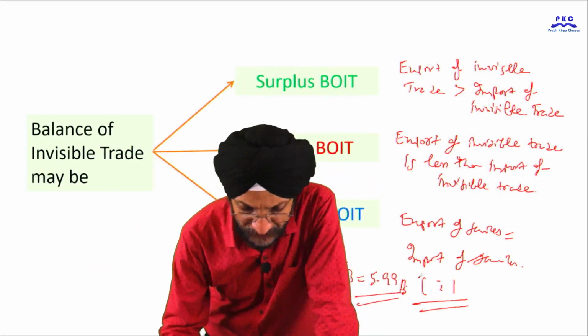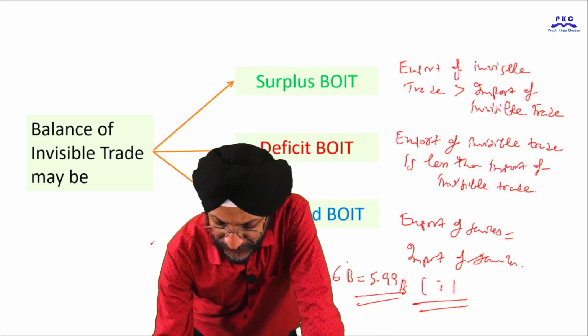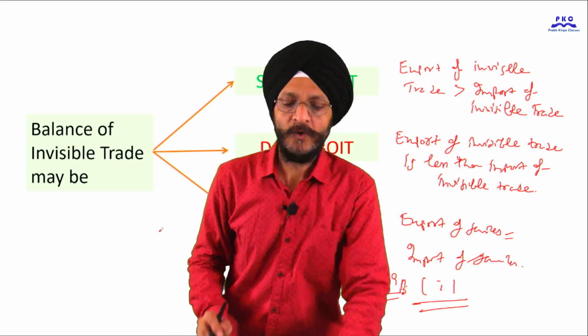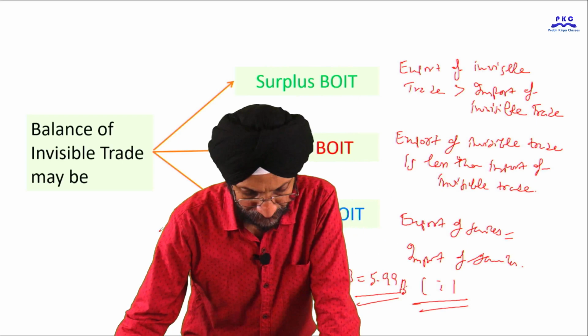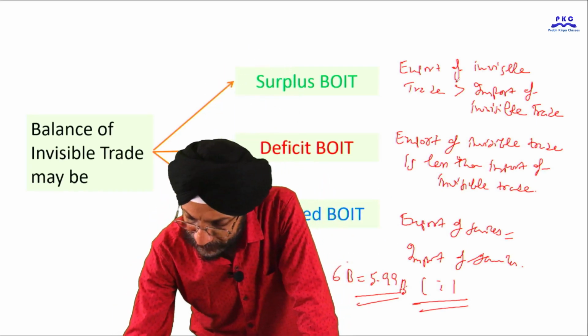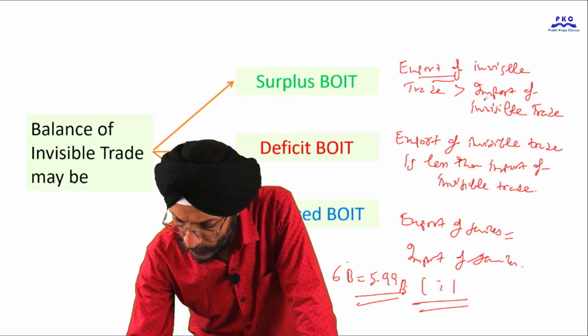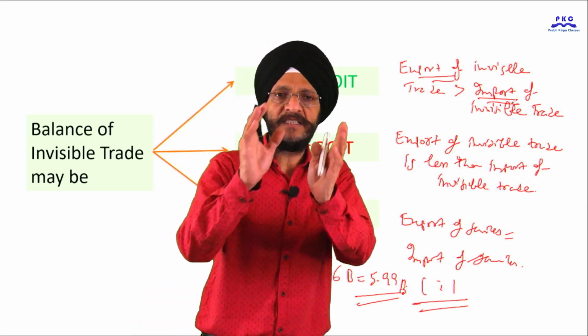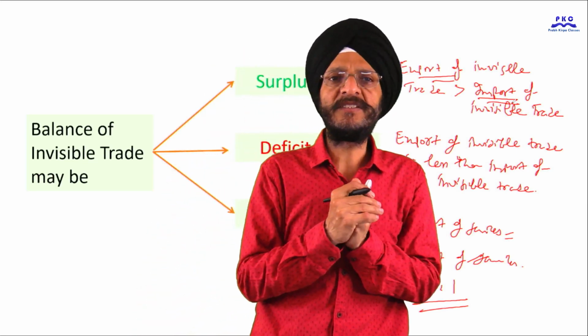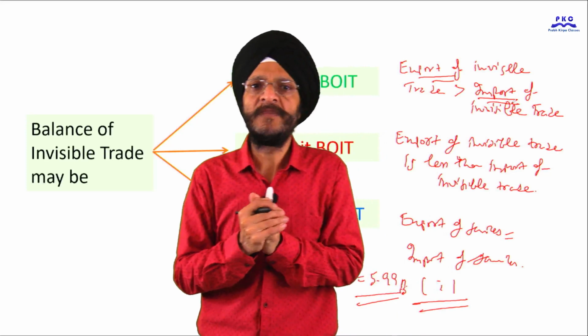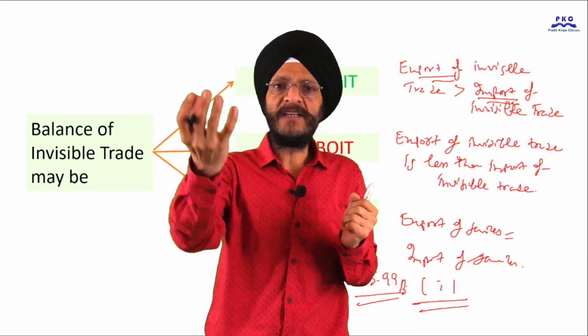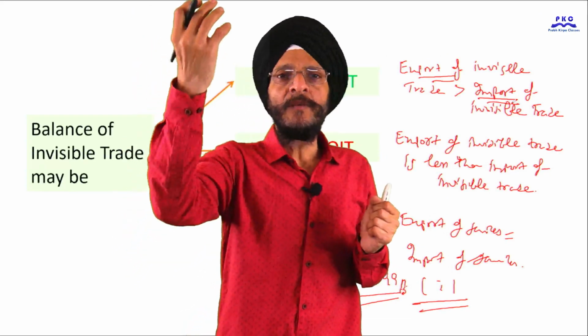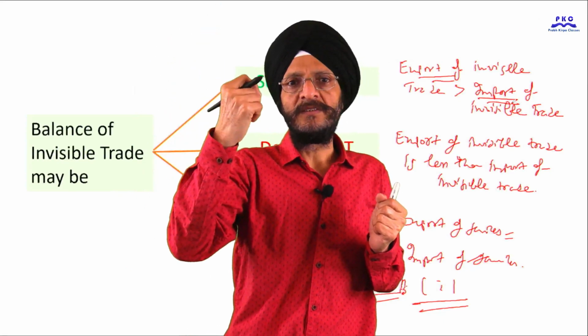The balance of invisible trade has a significant impact on the country's economy. If the country's exports are more than the imports, that is, economy is having surplus balance of invisible trade, then it means that it is getting more foreign exchange.